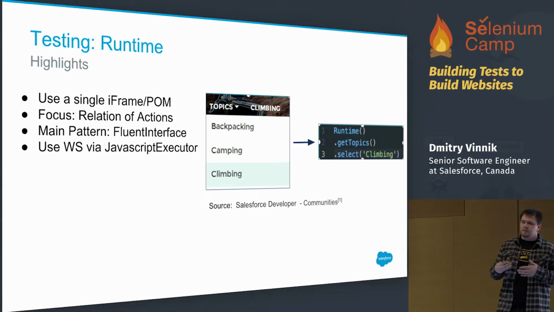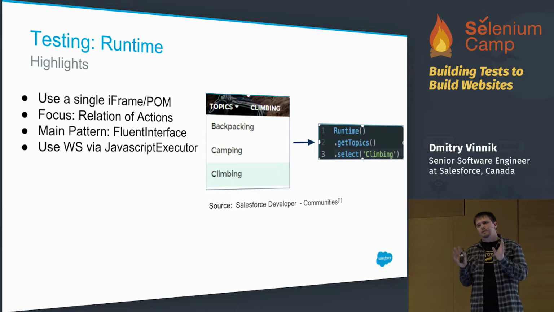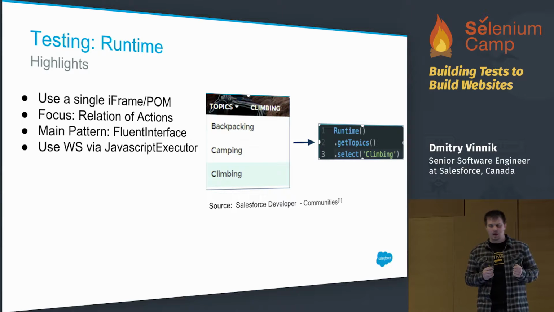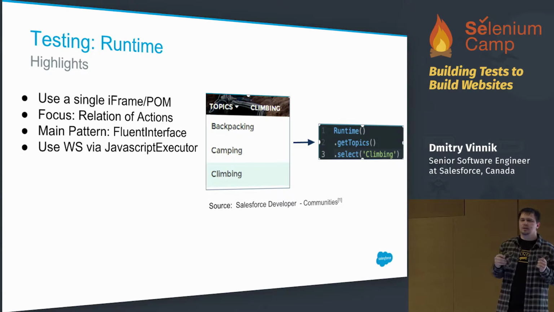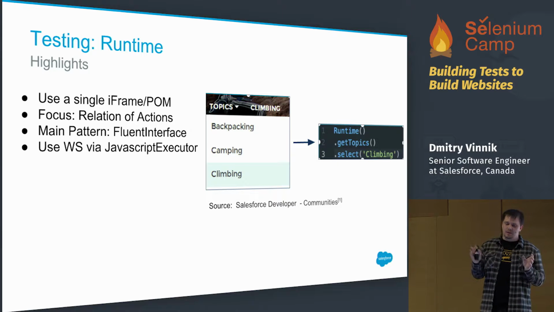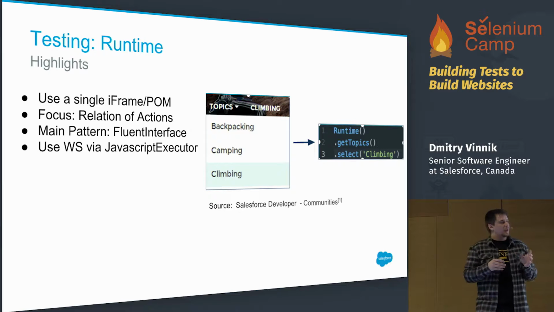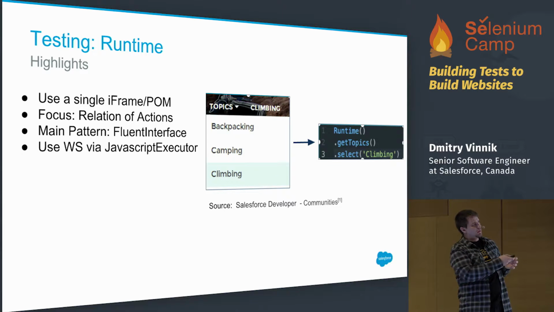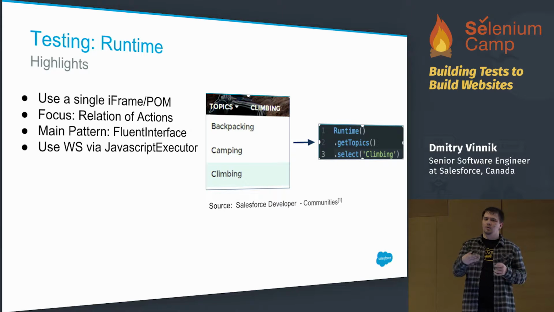That might sound similar to design time, but the difference here is the way you write it. You're following the pattern of a Fluent interface. It's not the Fluent interface library provided by Selenium HQ on GitHub. It's the pattern of connecting the page objects and their actions one after another by returning the object itself.